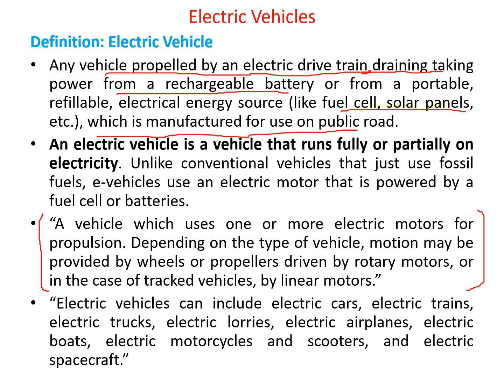Unlike conventional vehicles that just use fossil fuels, e-vehicles use an electric motor powered by a fuel cell or batteries. Conventional vehicles use the IC engine and fuels.